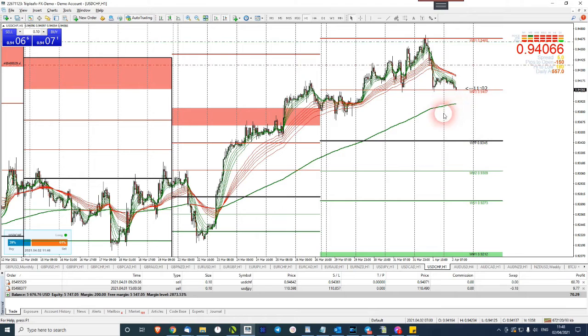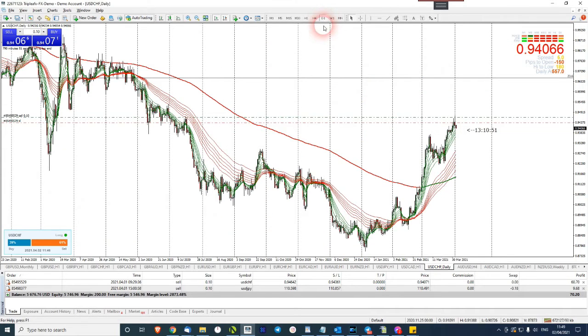We're heading for the moving average, I think. Almost certain to head down here, and then when we get here, we'll see whether the price bounces. I noticed on this time frame, on the D1 time frame, that the 23.6 Fibonacci is quite a distance away at the moment. Yeah, it's 200 pips away. Signs are possibly the price is heading back up here, but it could be weeks or even months away.